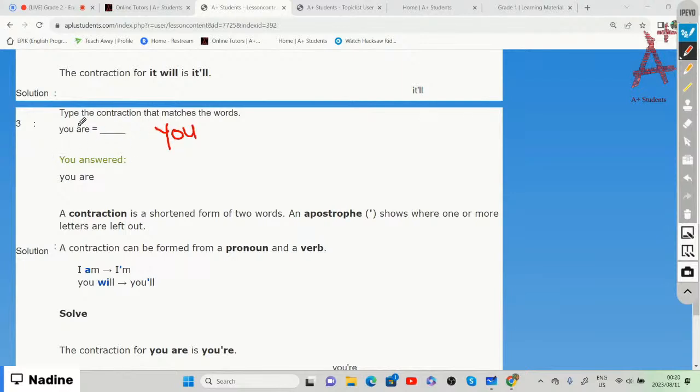You, which is the first word, stays the same. And now we remove letters from the second one. So 're, right? Which means that we left out the A. So we put the apostrophe in place of the A, the missing letter. So you are is the same as saying you're.